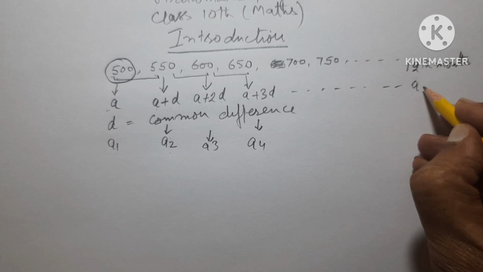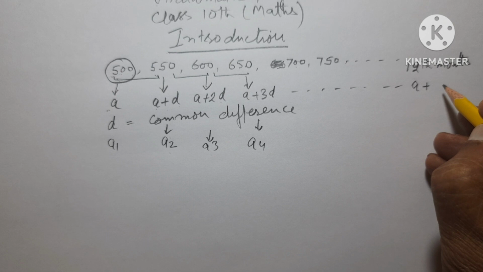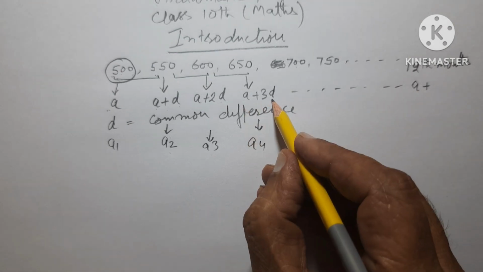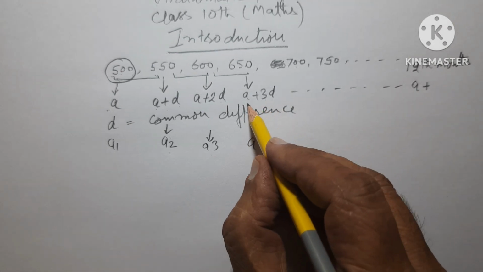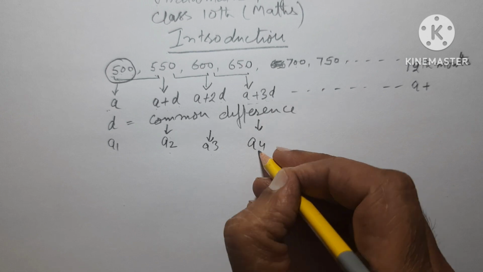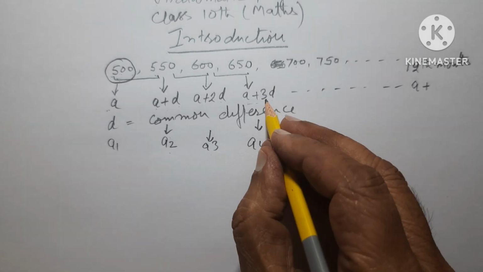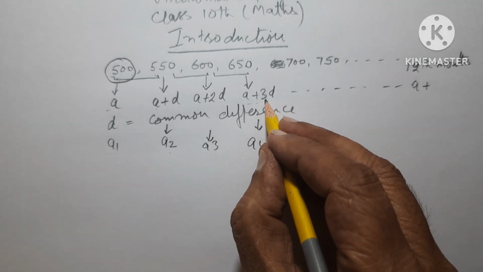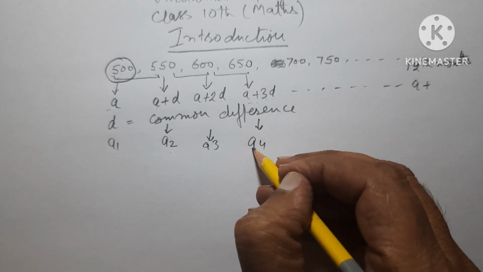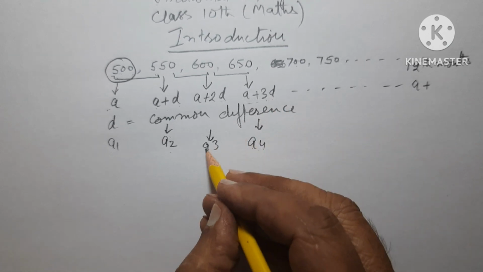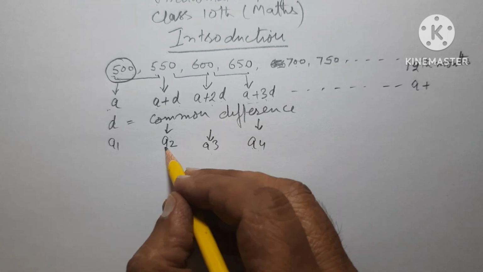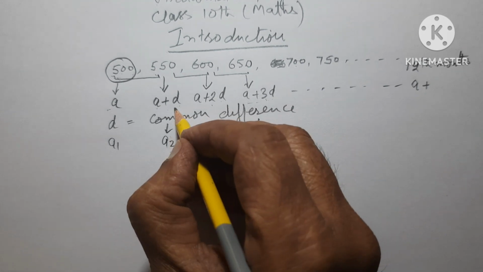Now this is the third term. A plus 3D is the fourth term, but here it is written 3D. Fourth term is written as 3D, third term is written as 2D, second term is written as 1D.